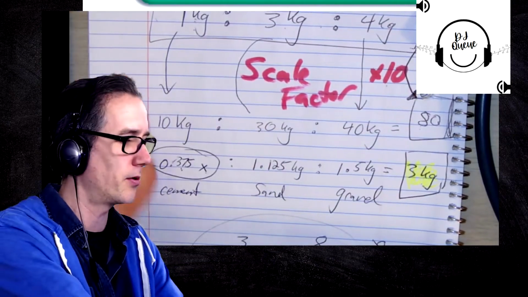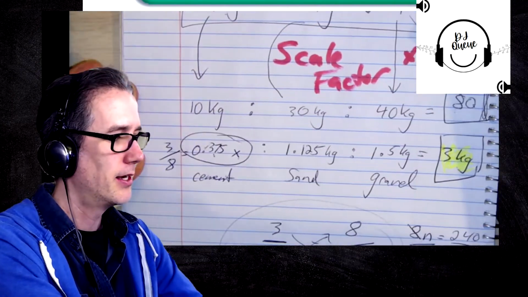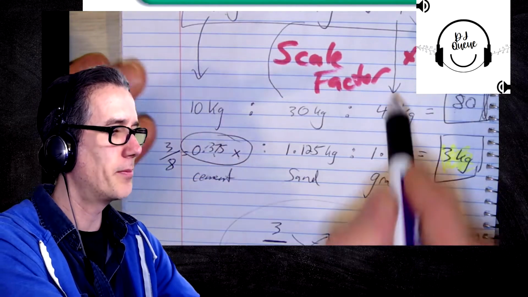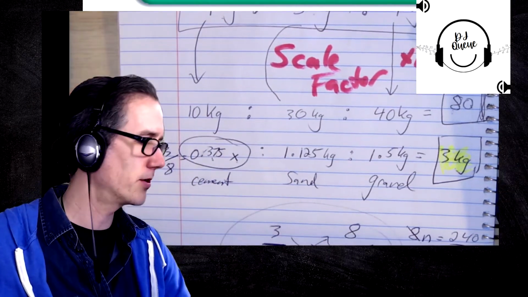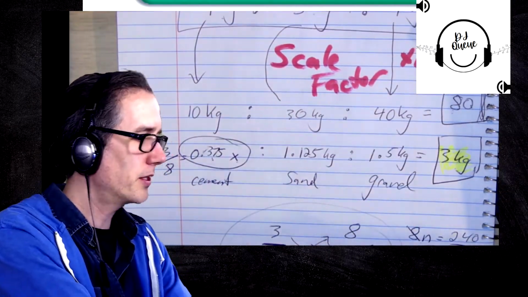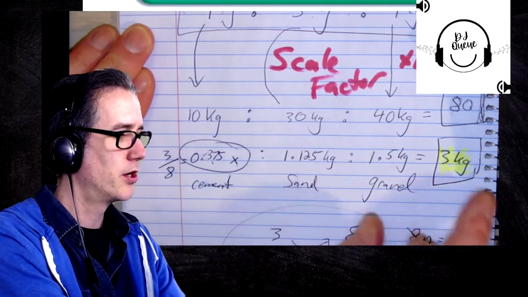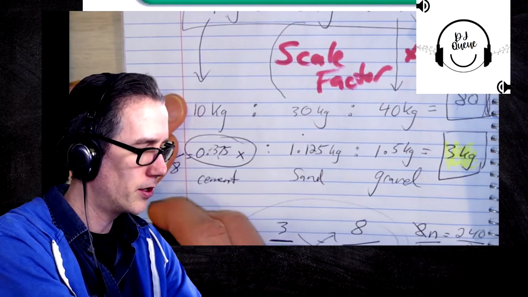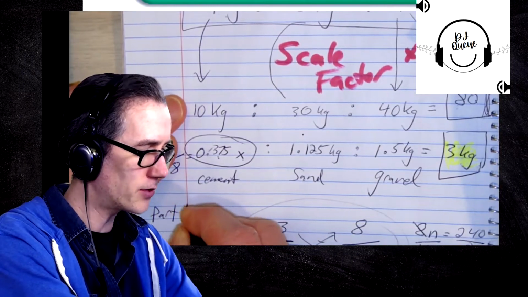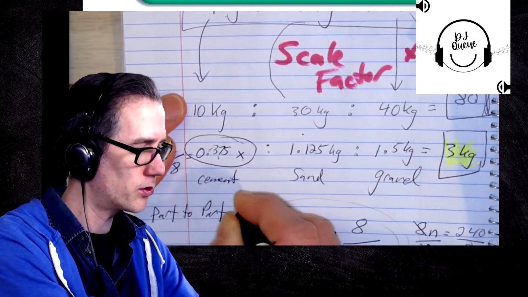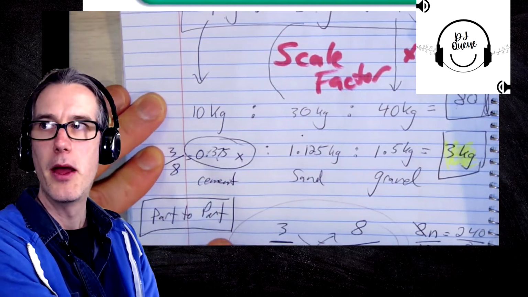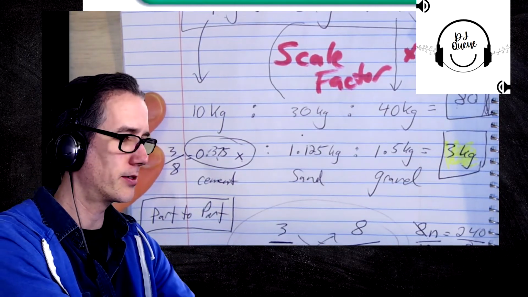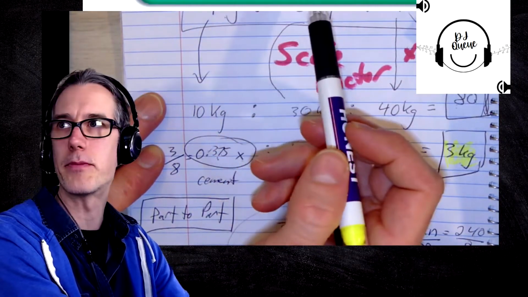Last thing I want to point out is there's definitely relationships here. And remember, you can compare. I'm going to turn the music down for this. You can compare these ratios to each other, which I call part to part. That's one way you can use these. Part to part, where you're comparing sand and cement, let's say, right?